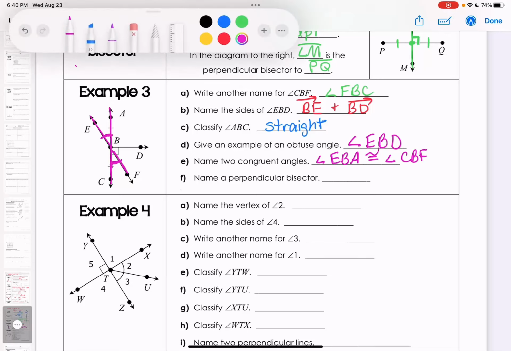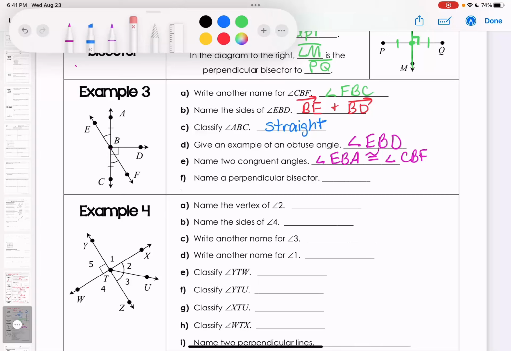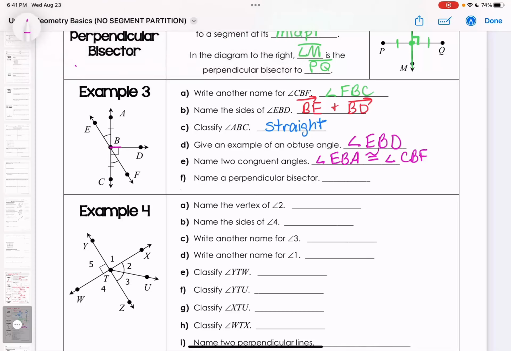Then we've got a perpendicular bisector in this group. So the perpendicular bisector, remember, is perpendicular to the place that it intersects, and it splits the other sides into two parts that are equal.